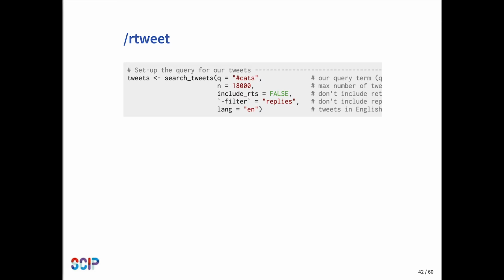The first parameter there is the query term, which I put in #cats, so I imagine we'll get quite a bit back. N equals 18,000, so that's the maximum number of tweets that I'm looking for. I'm not interested in retweets or replies, and in this instance I'm interested in tweets that are in English.